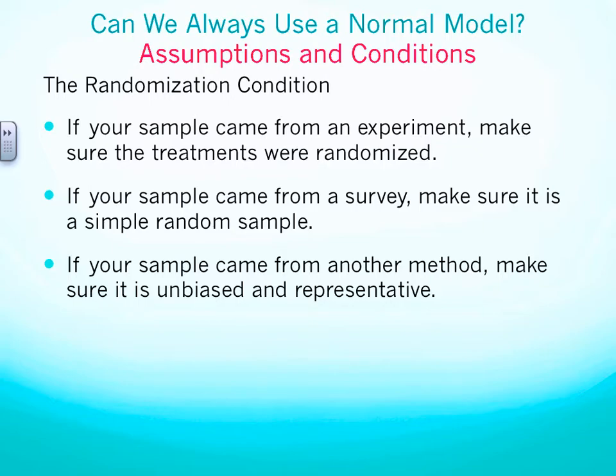So if your sample came from an experiment, you need to make sure that the treatments were randomized, and they will tell you somehow. It's not anything that you'll necessarily be looking for. It will be worded somehow in your problem. If your sample came from a survey, you need to make sure that it is a simple random sample. If your sample came from some other type of method, make sure it is unbiased and representative.